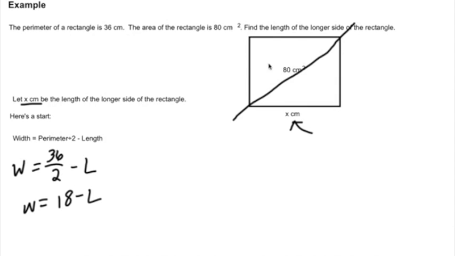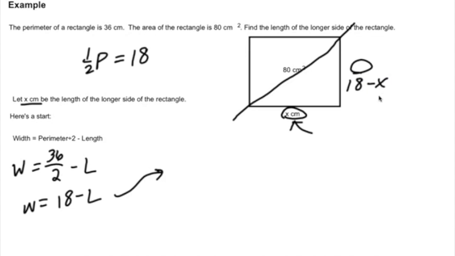Since half of my perimeter is 18, then this unknown plus this unknown has to equal 18. So now I have that my width is 18 minus the length. So if this is x, then this is going to be 18 minus x.